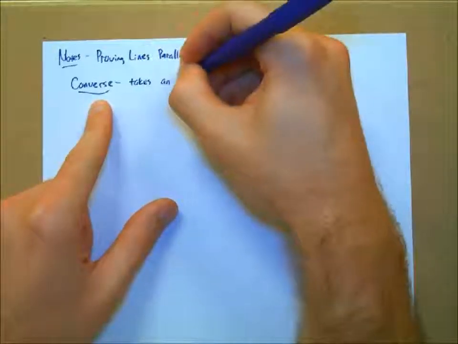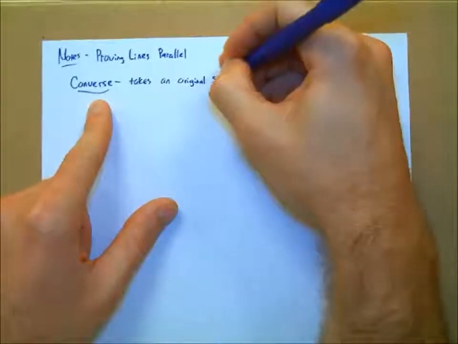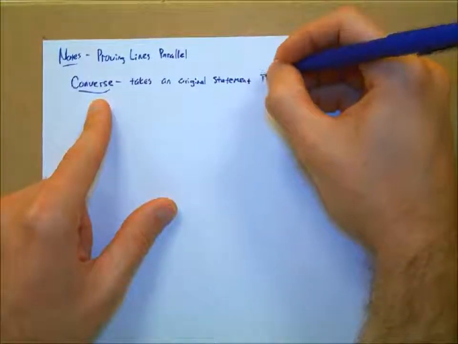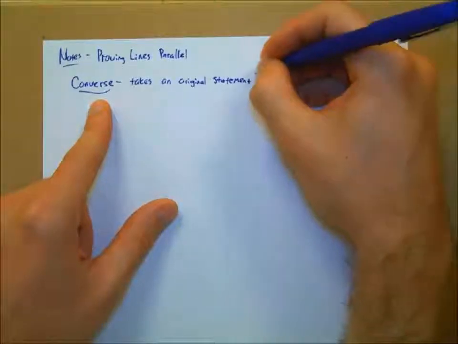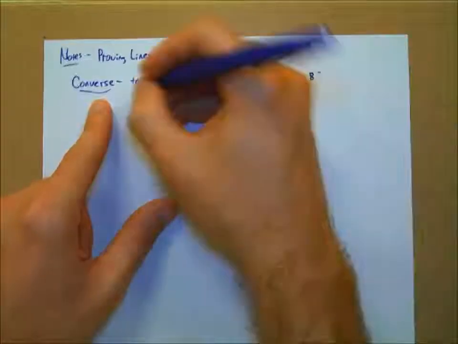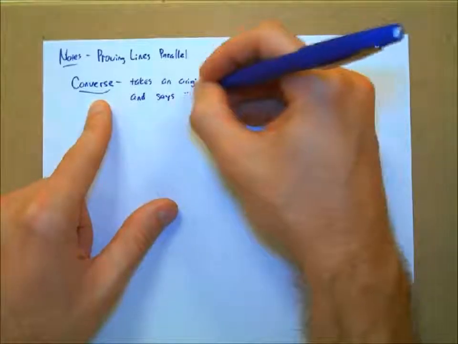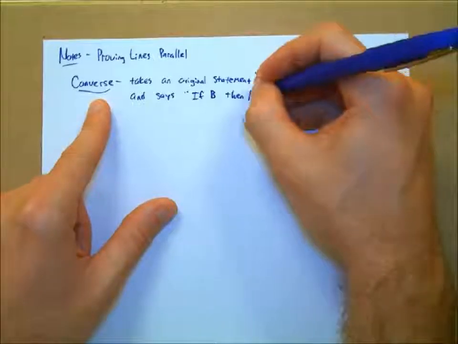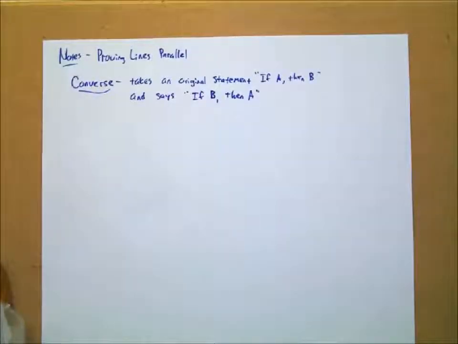That's the idea. So the converse takes an original statement, this is not a super official definition, but it's the idea. Takes an original statement, if A, then B, and says, if B, then A.